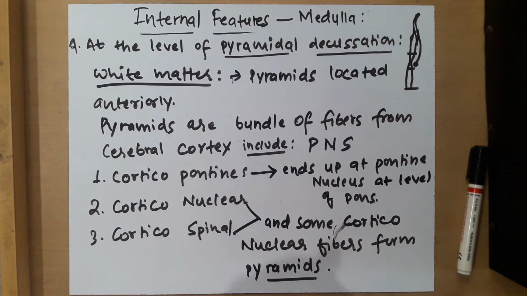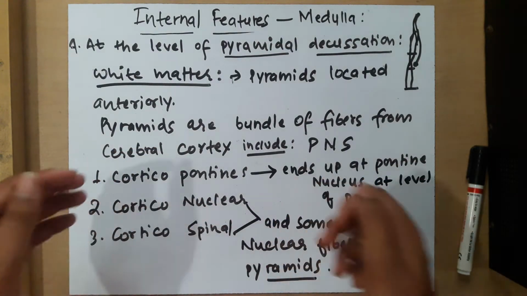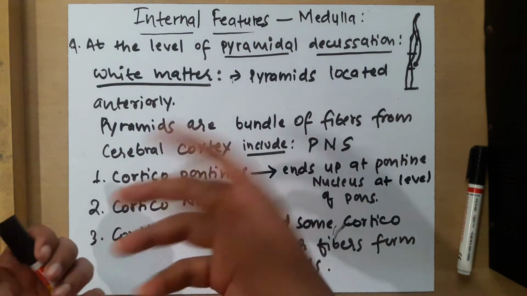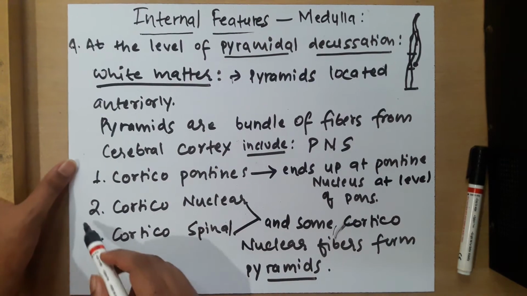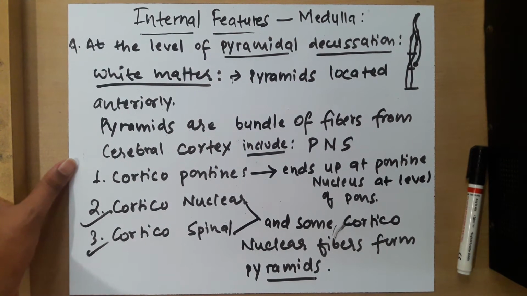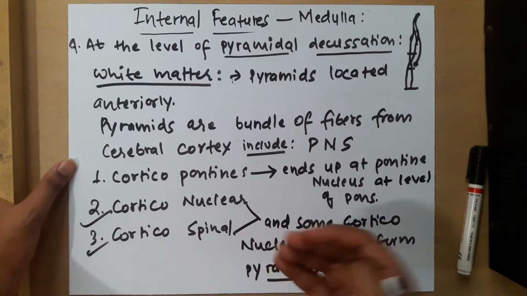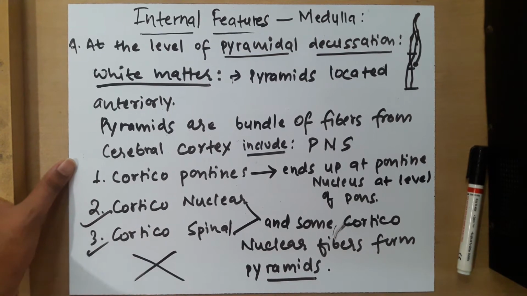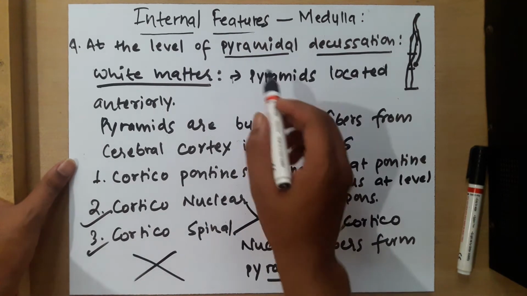And what is pyramidal decussation? Pyramidal decussation is the crossing of the fibers that form the pyramids. Now the pyramids are the corticonuclear and corticospinal fibers. So these are the fibers that cross to the opposite side and form the pyramidal decussation.